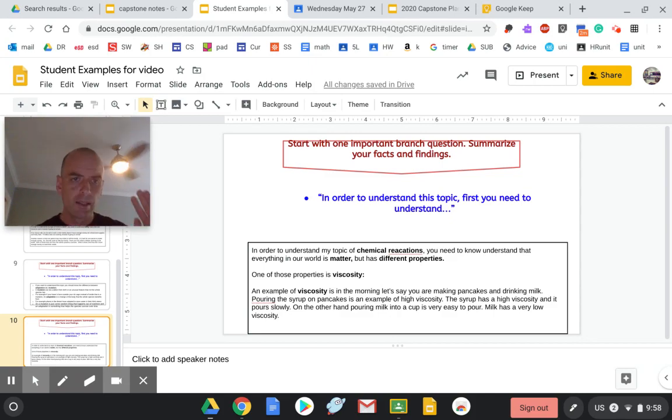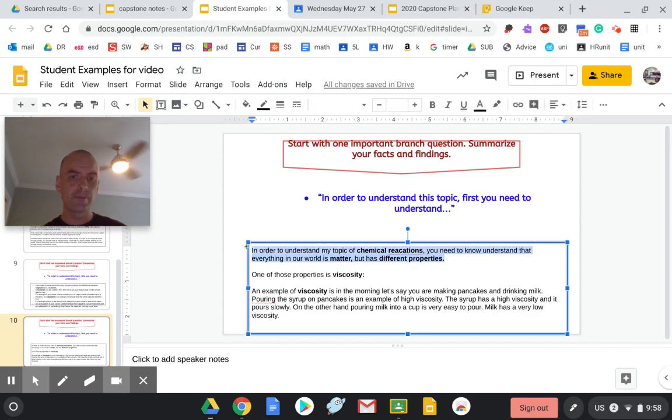So again, Lily set up her topic sentence that to understand her topic, you need to understand that matter has different properties. And here she taught us about one of them. She uses examples, explanations. That's what you're doing. What's the most important thing people need to understand? And then teach us about it.